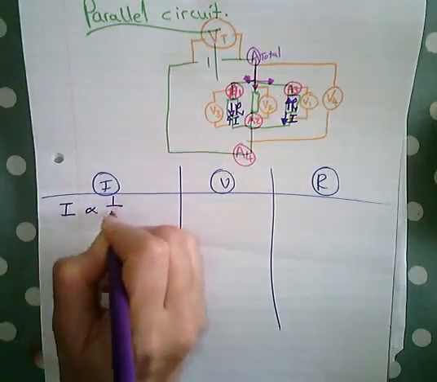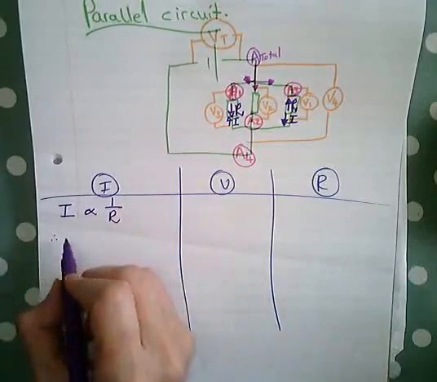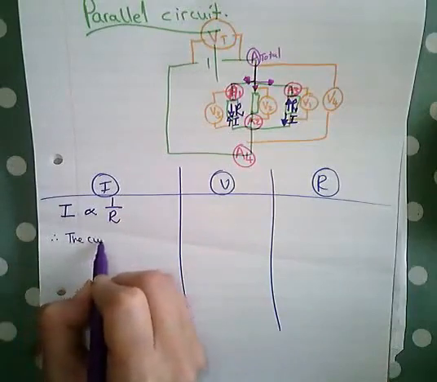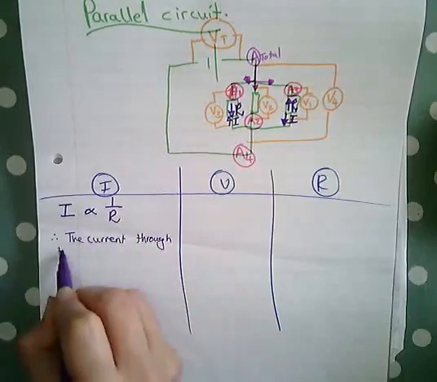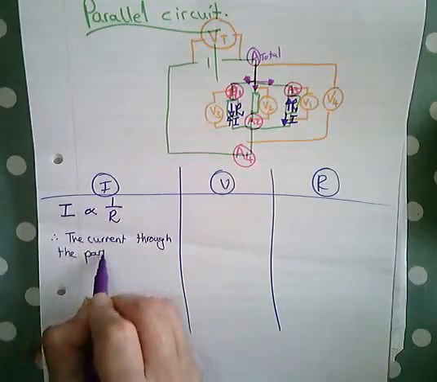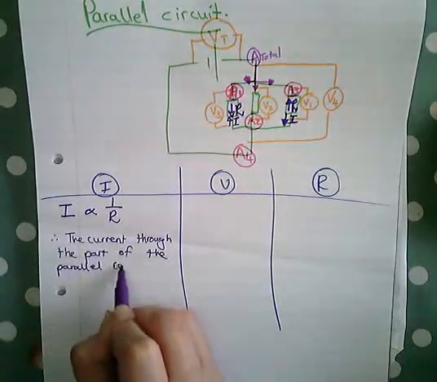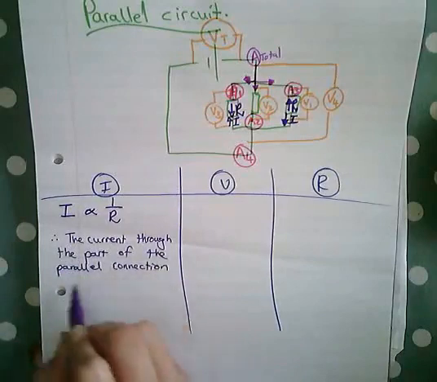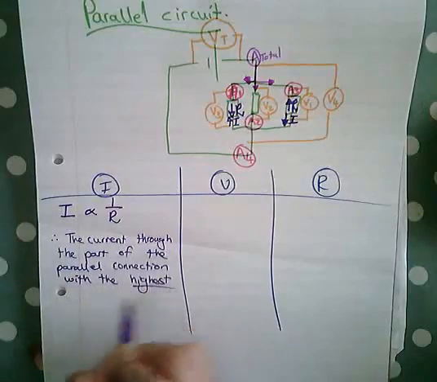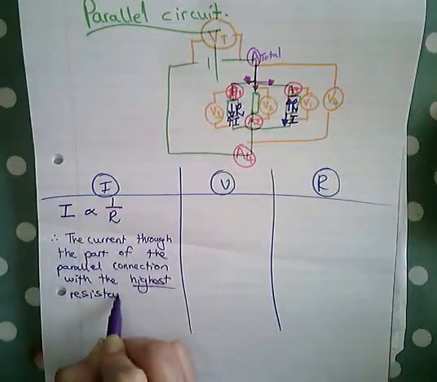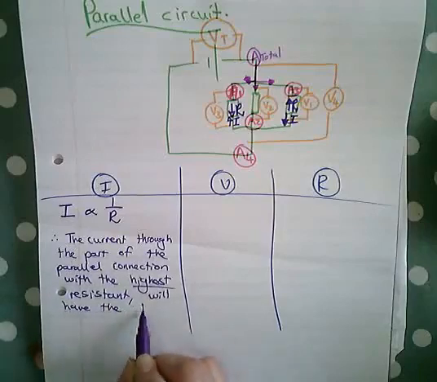So in other words, the current through the part of the parallel connection with the highest resistance will have the lowest current flow.